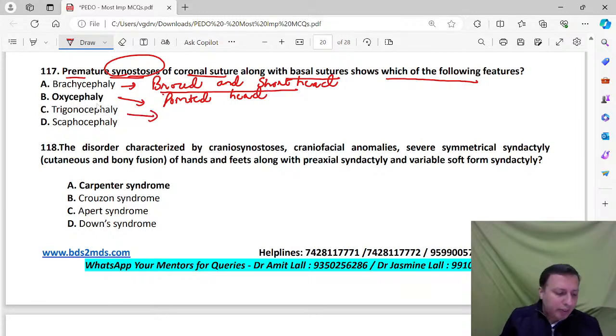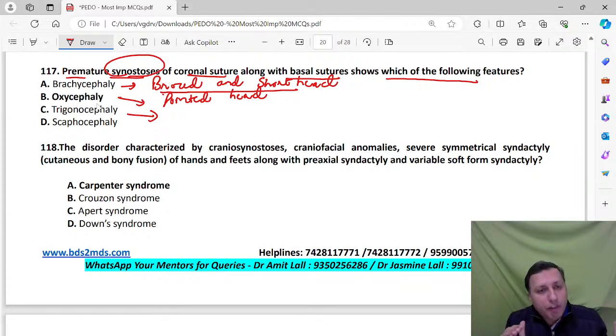Trigono means that there is a suture present in the skull, and that is called the metopic suture. So whenever there is a premature closure of this metopic suture, the shape of the head generally transforms into a triangle. Okay, so a triangular shape of the head is generally seen, and that is called trigonocephaly.